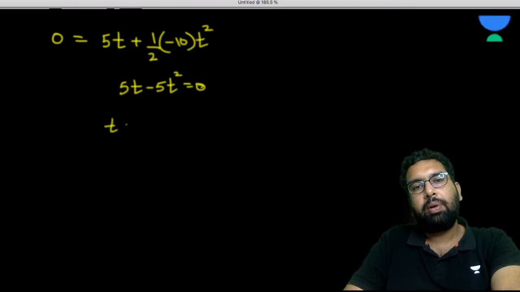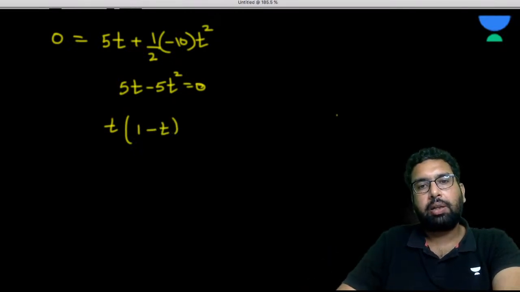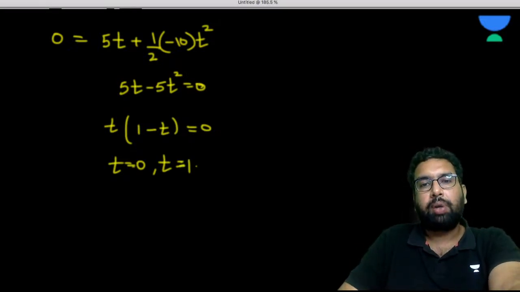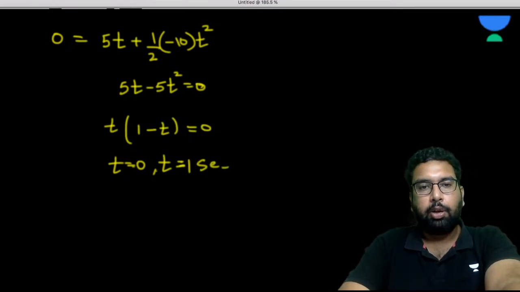It is going to become t times 1 minus t is equal to 0. So time t will become 0 and t is going to become 1. Right? t is going to become 0. t is going to become 1 second. I hope it is clear to everyone. Right? So see, sir, we are getting 0 and 1 second.